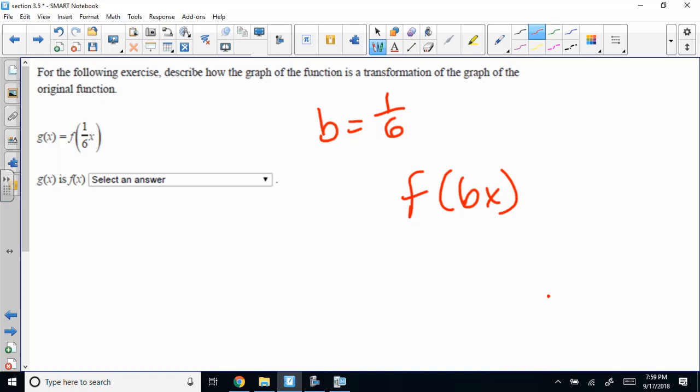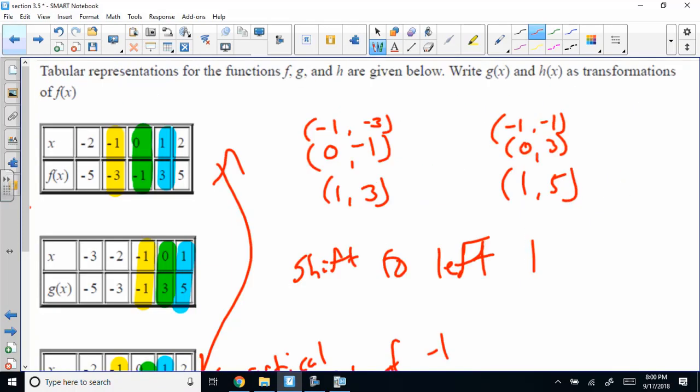So B is 1/6, right? B, y'all agree? Yes or no? Lord have mercy. B is 1/6. Now let's go back and look at our thing.